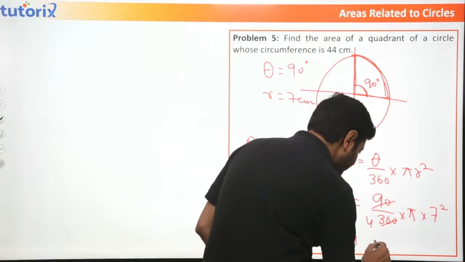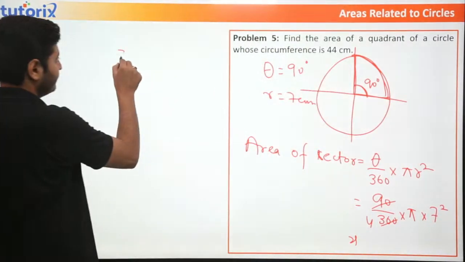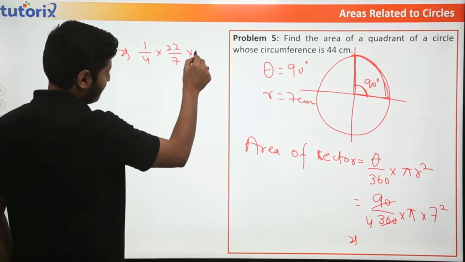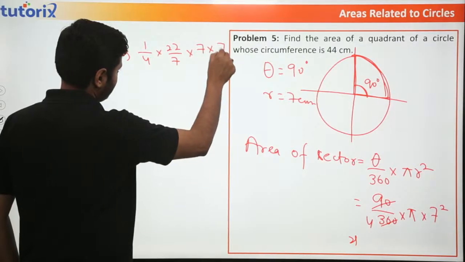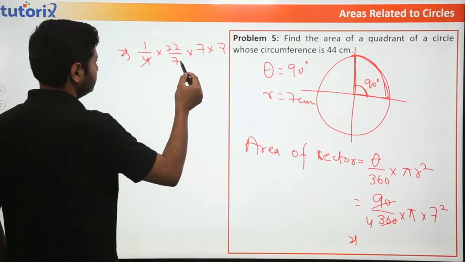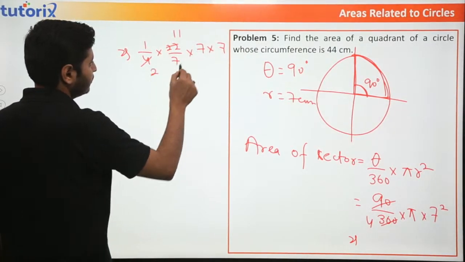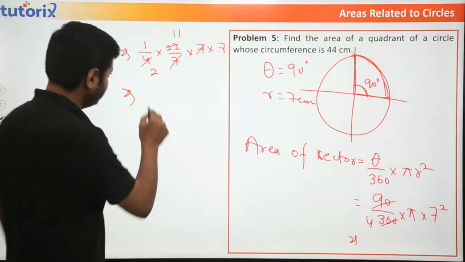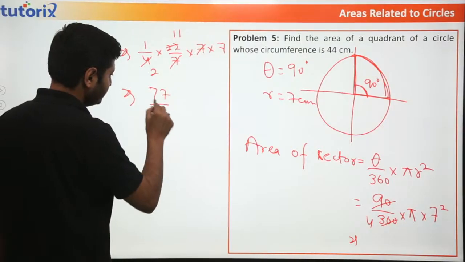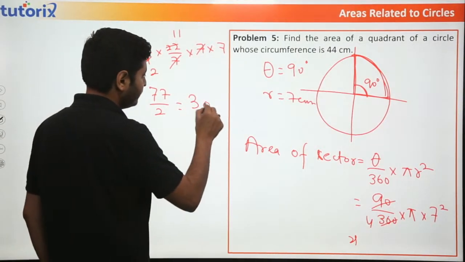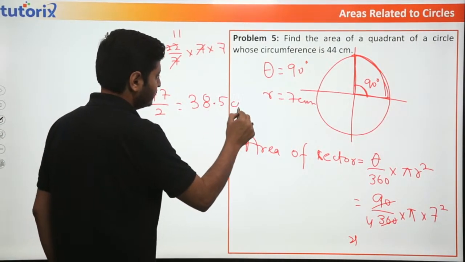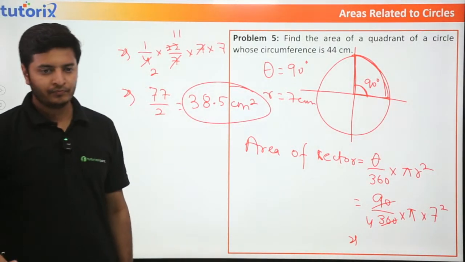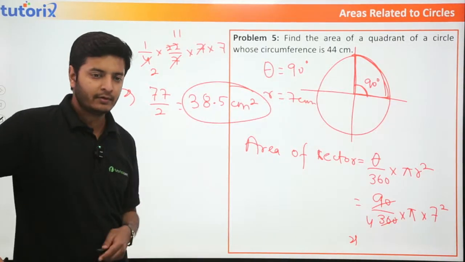So 22 by 7, then 77 by 2, 38.5 centimeter square. Correct answer, 38.5 centimeter square.